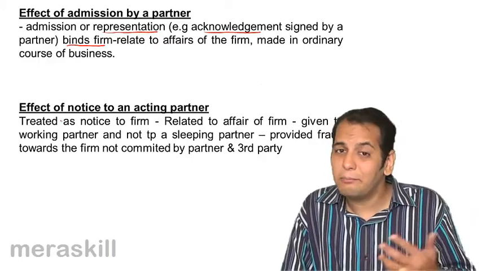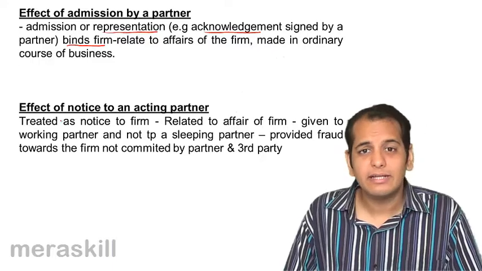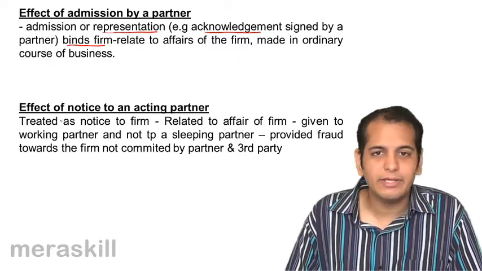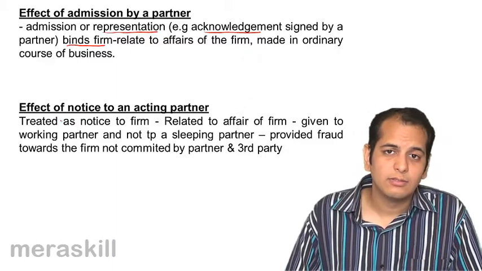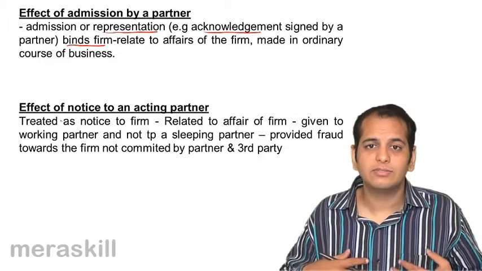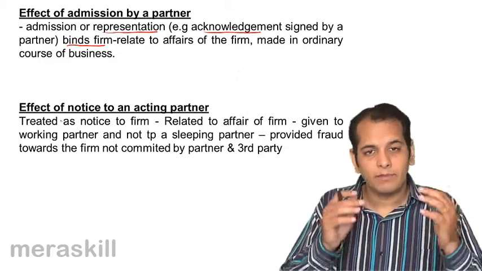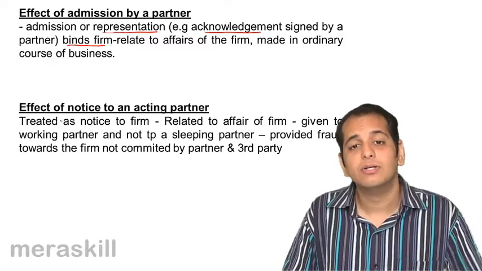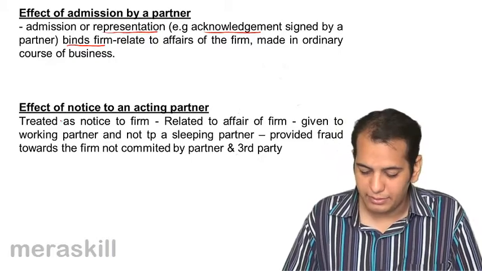The partner is also the principal of the firm. So whenever any notice is given to the agent, it is assumed to be given to the principal, that is, to the whole of the firm. He is also the principal, which means the firm is his. So when you give the notice to him, it is assumed that it is given to the firm. So the firm and the other partners get bound by it.